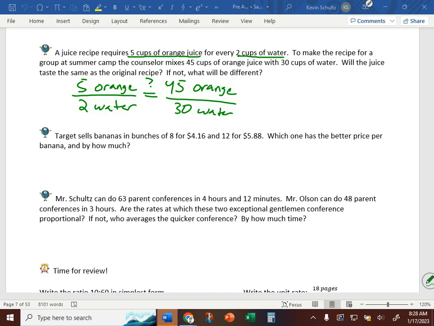Did this counselor mix it proportionally? Will these taste the same? Are these 2 rates proportional? Why not, Anthony? They can't be simplified by the same group.